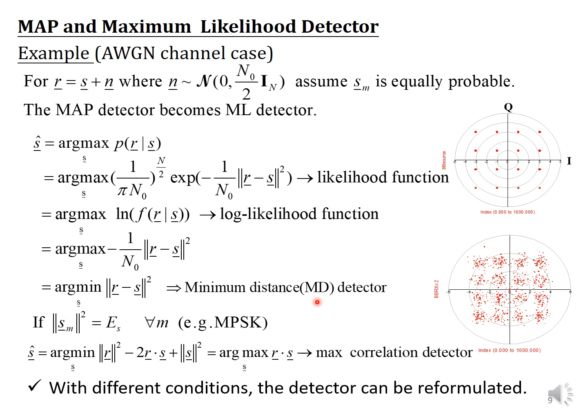And further, if the symbols have constant energy, then this minimum distance detector becomes the inner product, the correlation detector.